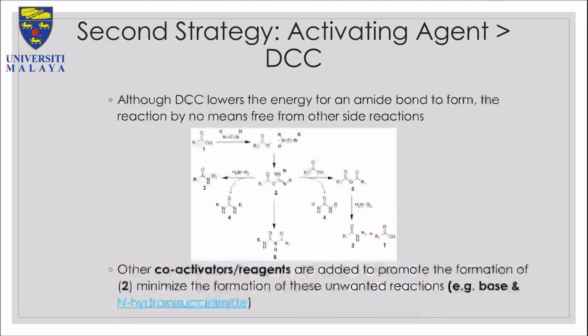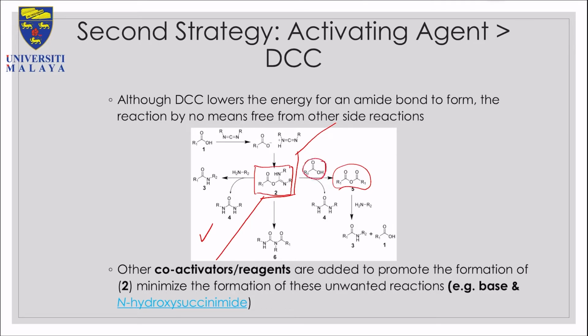So although this lowers the energy for an amide bond to form, the reaction is by no means free from other side reactions. Just now I've shown you this side of the image, but additionally, what you will get by using the first generation of activating agent is the reaction of the activated species. That one is the activated species.